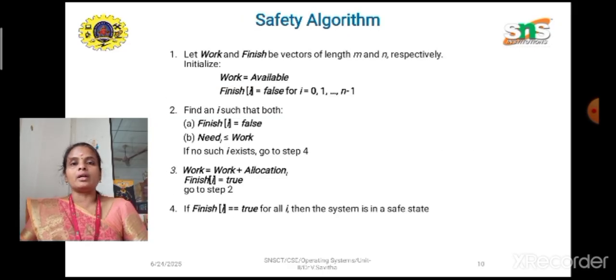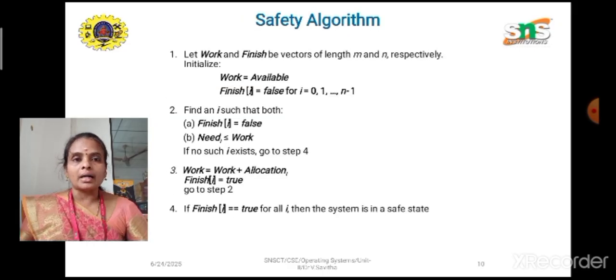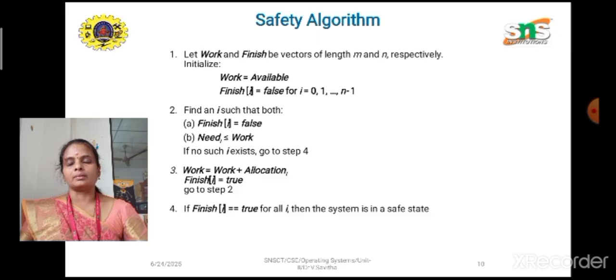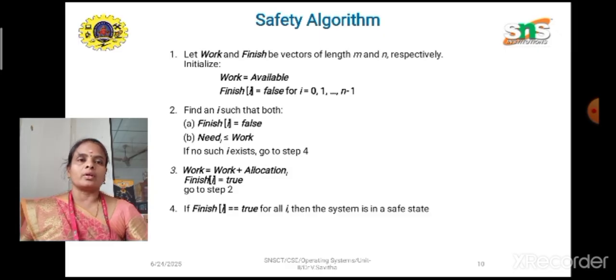And this is the safety algorithm followed for the banker's algorithm. First, we assume that Available is taken as Work, and Finish[i] equals false for every process, where i indicates the process.